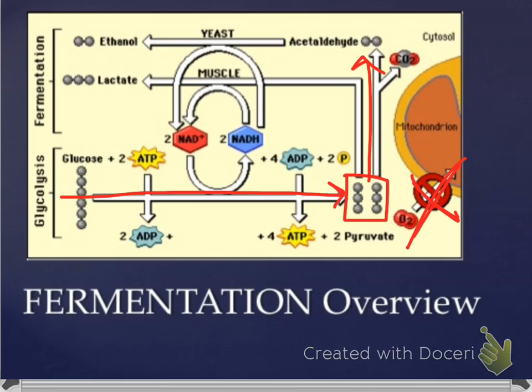Okay? Then your muscle cells are going to make lactate or lactic acid. And this here shows the regeneration. So NAD plus goes into this cycle making NADH. But the NADH will regenerate into this NAD plus, which we need to function. So that is cell respiration in a nutshell.